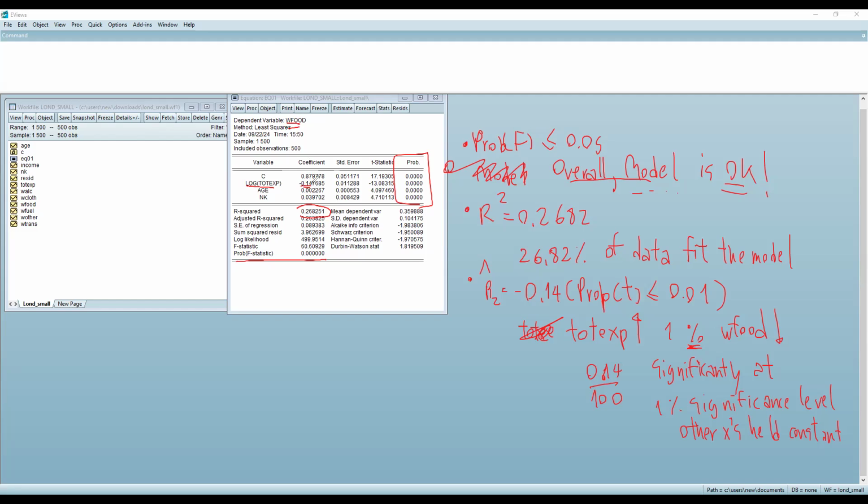Okay, just economics theory. So how about age? Age is positive, which is significant.